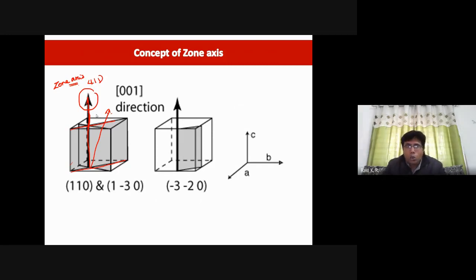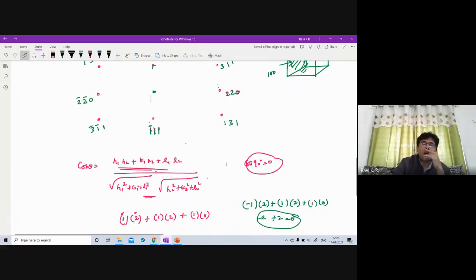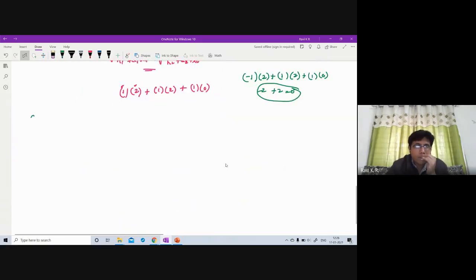But to identify this zone axis, we have to use the matrix method, which I'll show you now. We want to identify what is my zone axis.